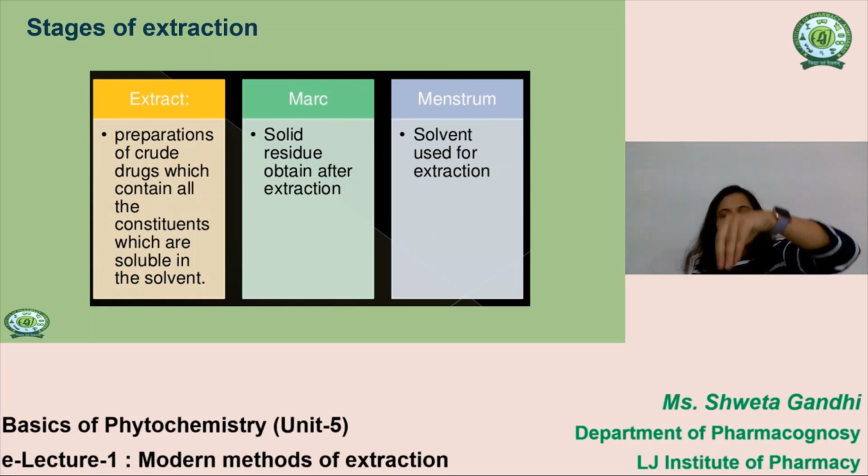When we add the solvent, the solid residue which is left upside is the marc. What is the menstruum? While doing the extraction, we are adding the solvent. That solvent used for extraction is called the menstruum. So in the process of extraction, we are going through three stages: extract, marc and menstruum.